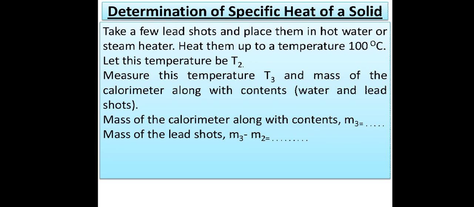This T3 temperature is less than T2 but greater than T1. T2 is the lead shots temperature. T1 is the water plus calorimeter temperature. Mass of the lead shots is M3 minus M2. And you have to assume that there is no loss of heat to the surroundings.